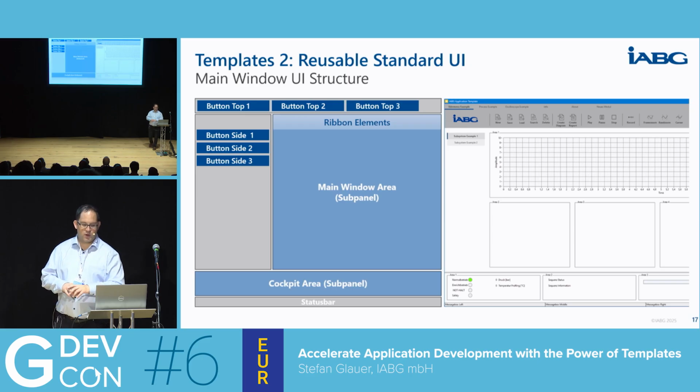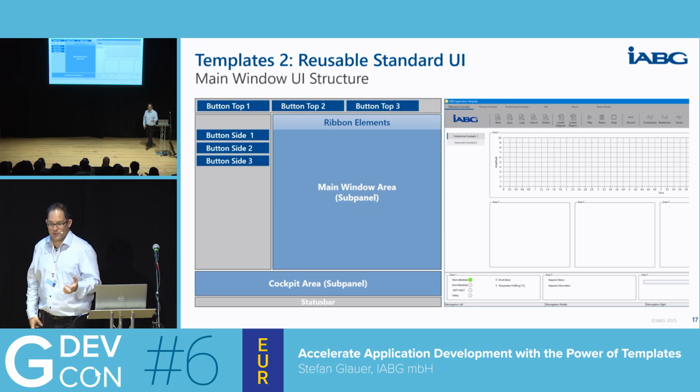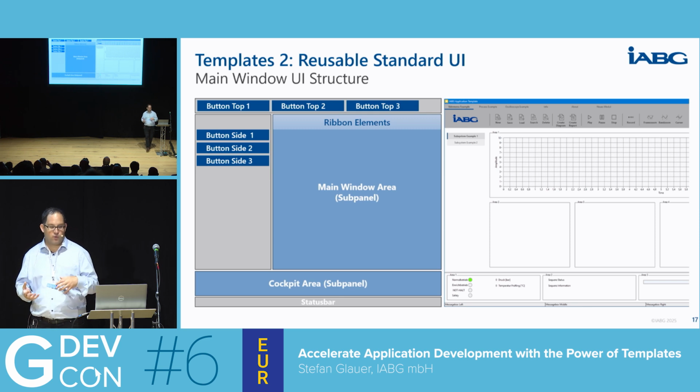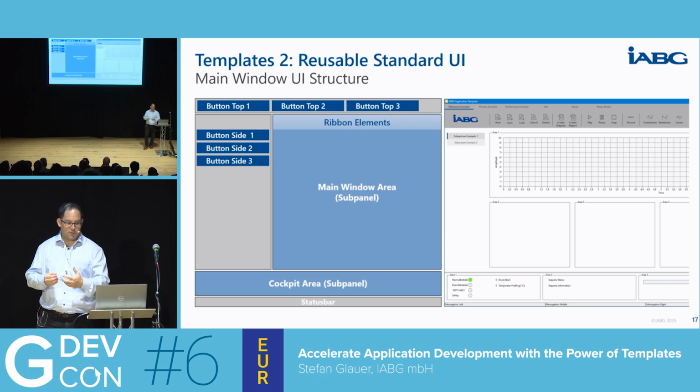If you abstract the front panel you see, there are several buttons on the top representing tab pages. We have several buttons on the left representing a second hierarchy of navigation. And we have two subpanels. The main window subpanel is where you insert the VIs you built before, like with the ribbon elements. If you press a button, it will also change the ribbon elements because they're in the sub-VI you insert there.